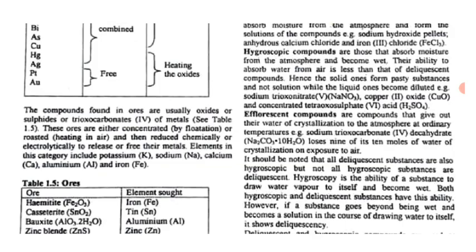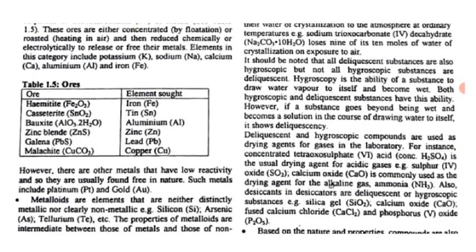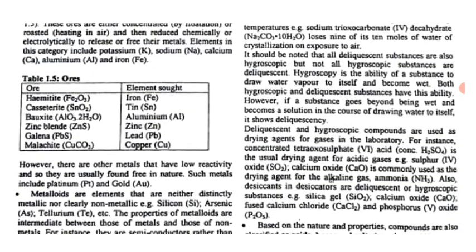When we start to discuss the properties of the groups, we are going to dismantle this particular section. So for now, let's just move on and understand elements and compounds better.